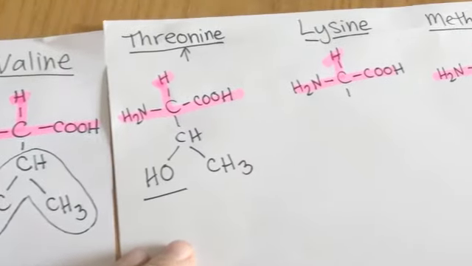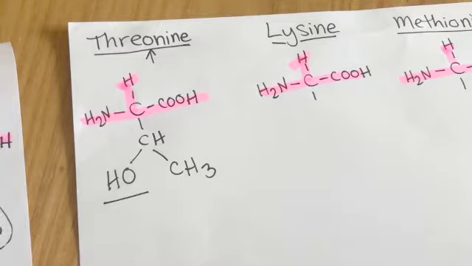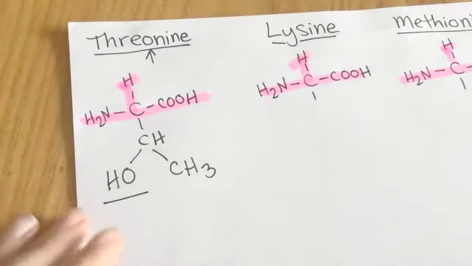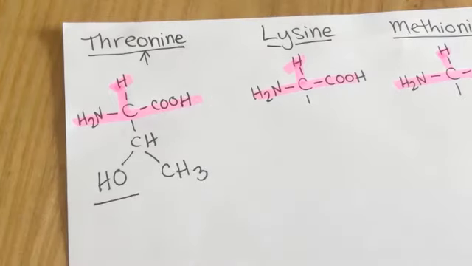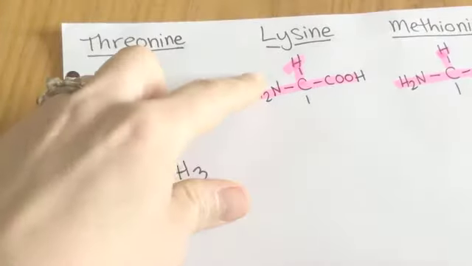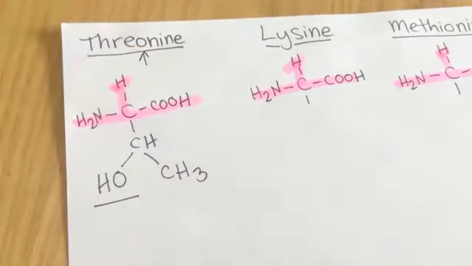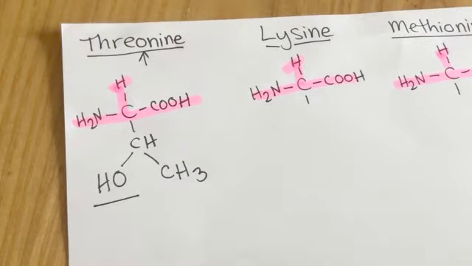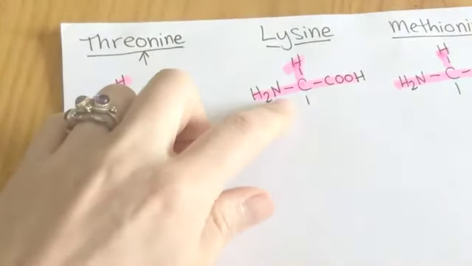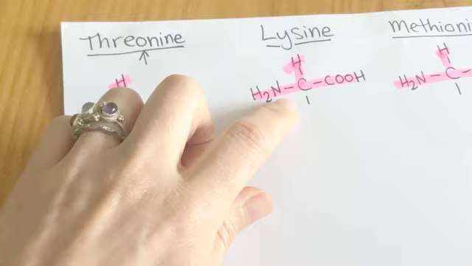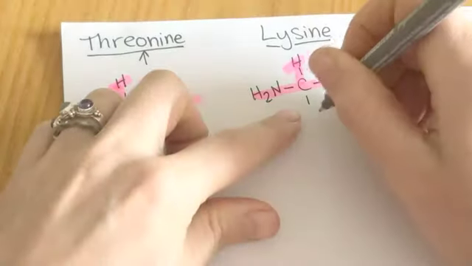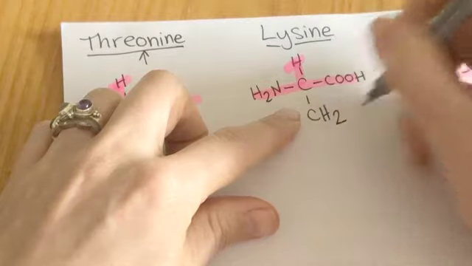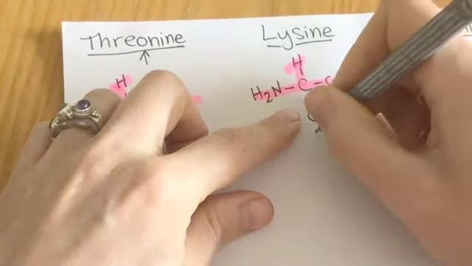Moving forward to lysine. So lysine you might have heard of before if you or anyone you know has herpes on their mouth. This is one of the medications that they prescribe to help you get rid of any kind of breakout. So lysine is one that we are going to draw here. Lysine is going to be a CH2, just like the ones we learned about earlier, but then check this out.